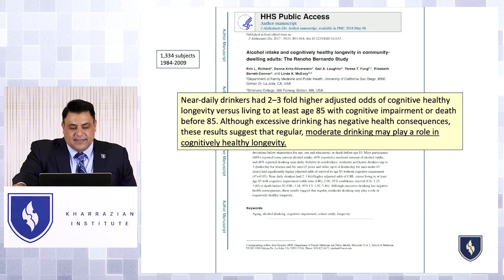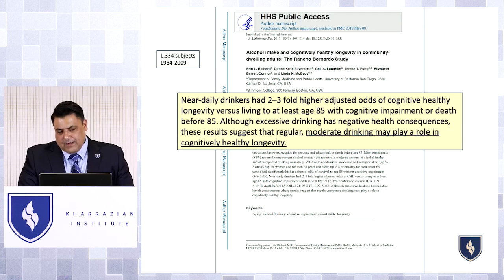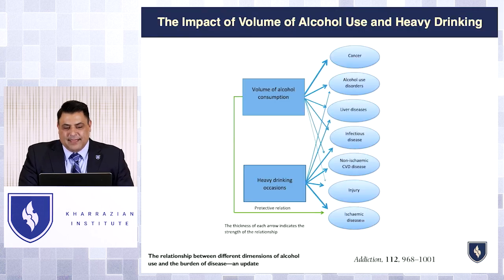Although excessive drinking has negative health consequences, these results suggest that regular, moderate drinking may play a role in cognitive healthy longevity. So study after study, of all different sizes and all different lengths, shows you're not going to have your longevity impacted in a negative way by having 1 or 2 drinks daily throughout the week.